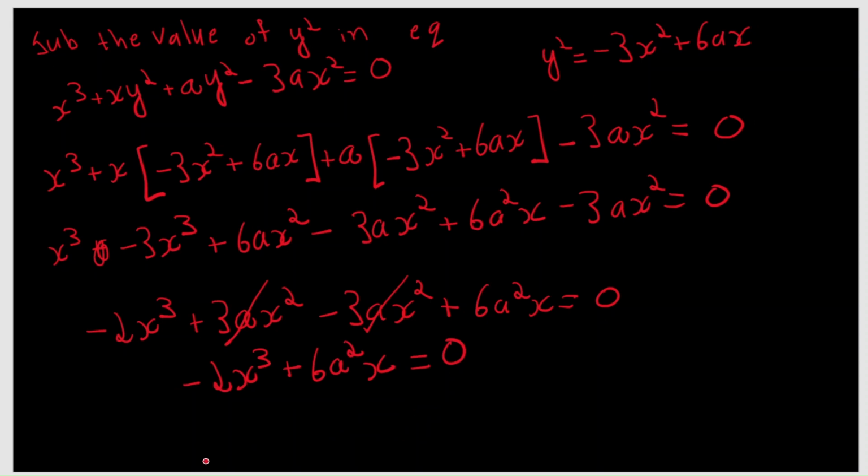Okay, then we have minus 2x common over here. Again I made that mistake, I'm really sorry. X square minus 3a square is going to be common over here is equal to 0. So moving on to the next slide.